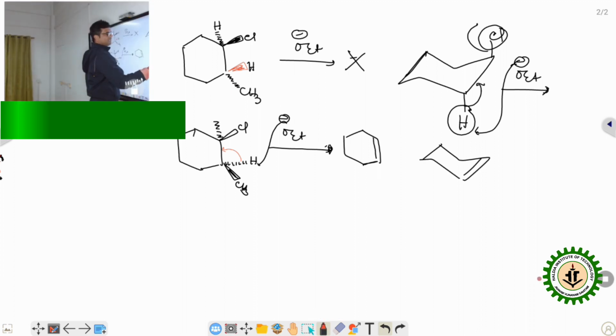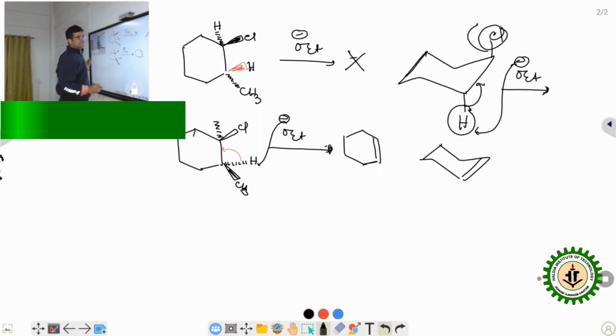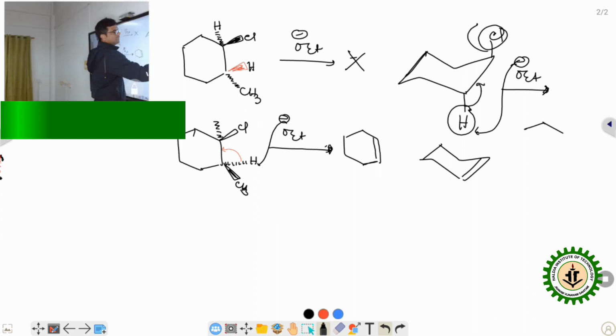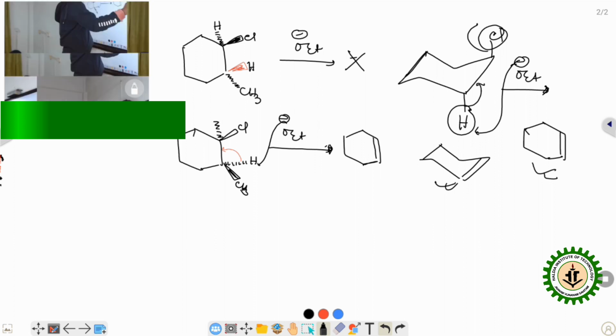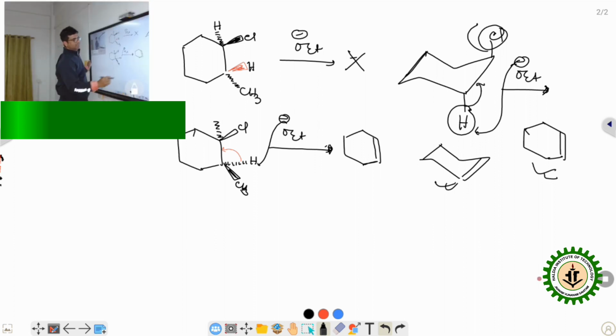This alkene is more stable than the other alkene. Although geometrically we can write it, we cannot write this one, because this alkene cannot be stable in this chair conformation, due to angle strain.